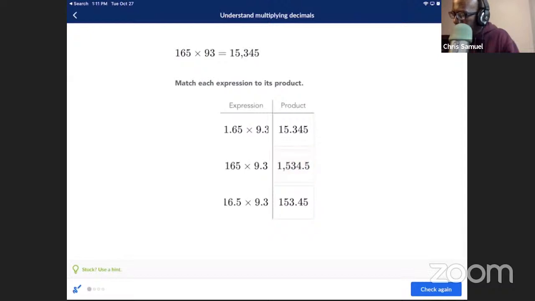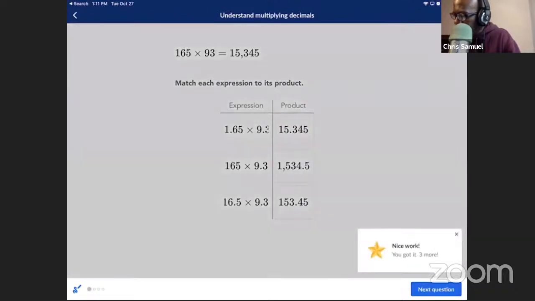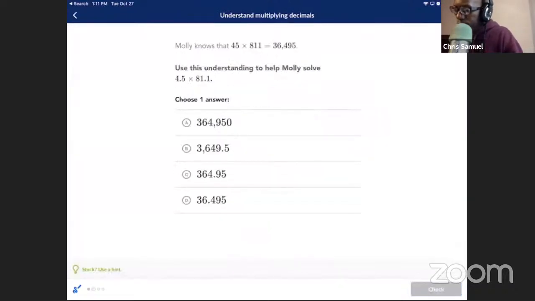And as the expression, the whole number that basically has a decimal, is multiplied by a decimal, it gets smaller. We should actually end up with a smaller number. That was the intuition I was trying to get, and I was very confident with that one. So that makes sense to me.